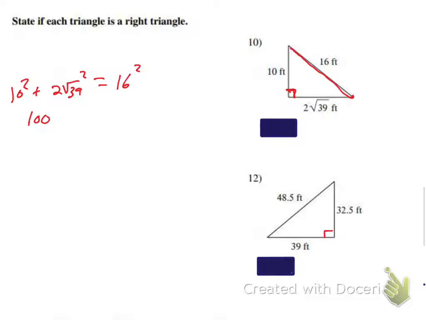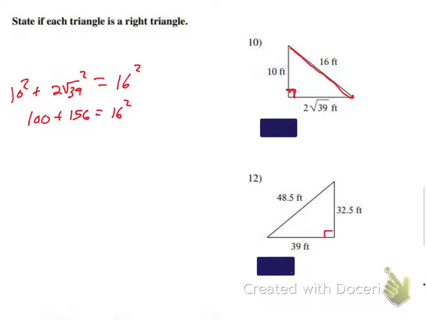And then in your calculator, the square root of 39 is equal to 6.244 something. Multiply that by 2, you get 12.489996, and then you square root that, and you get 156. So 100 plus 156 is equal to 16 squared.